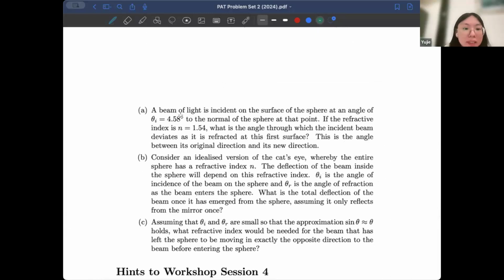And we start with a sphere and an angle of incidence. And also we know the refractive index. So from Snell's law, n1 sine θ1 equals n2 sine θ2, we can directly calculate the angle of refraction inside the glass.